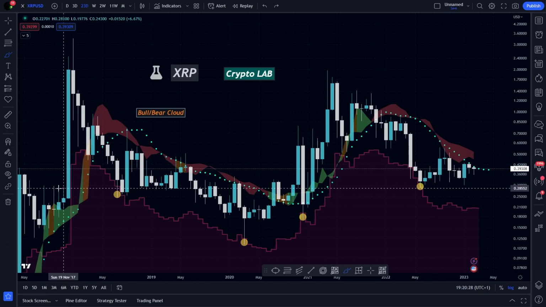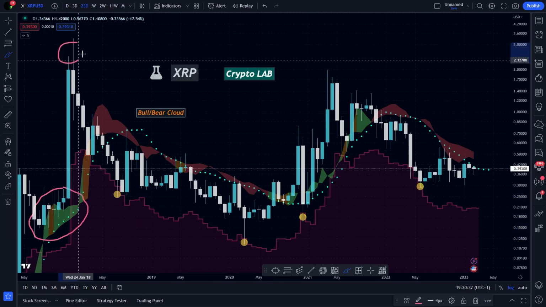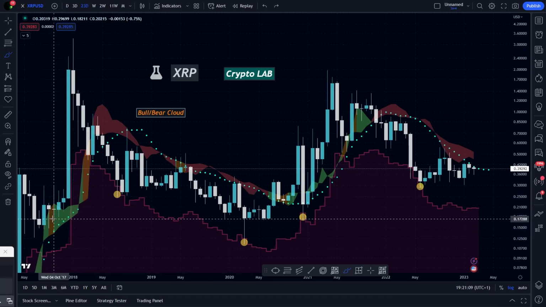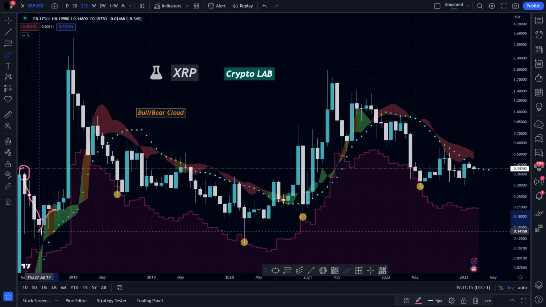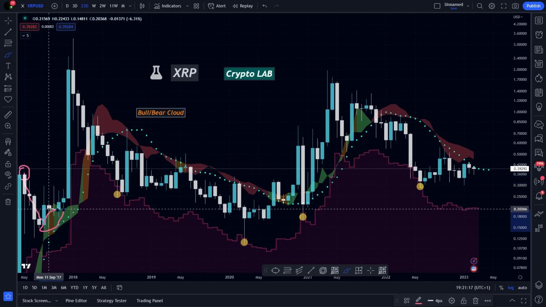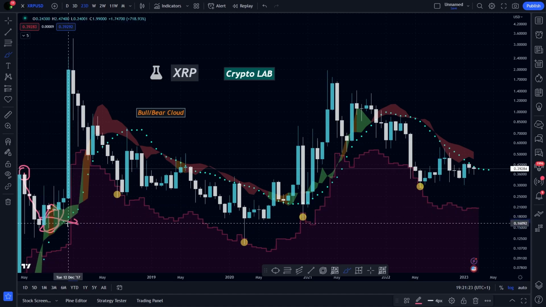Let's take an example here just before the final blow-off top of XRP in 2018. As you can see, XRP had this major top, came back down to retest the cloud. The cloud turned orange, meaning that we could be in a transition phase to transition into a bear market.